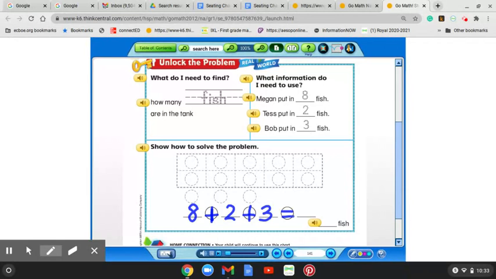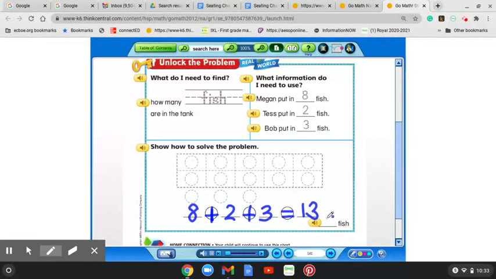If we filled our 10 frame up, we know automatically that that is 10. So we can say 10 and we can add on to those at the bottom. Put your finger on those and count with me. 11, 12, and 13. So we should put the sum is 13.